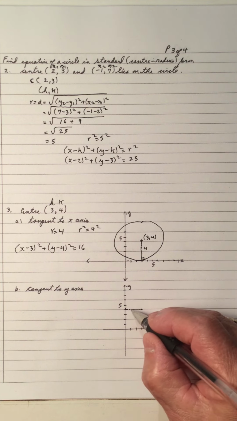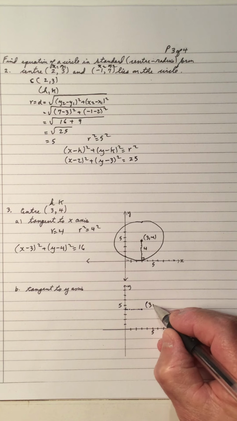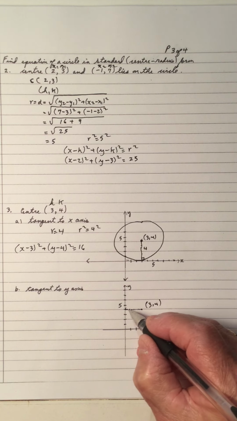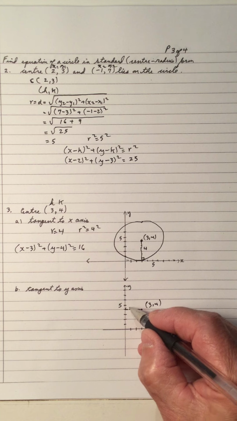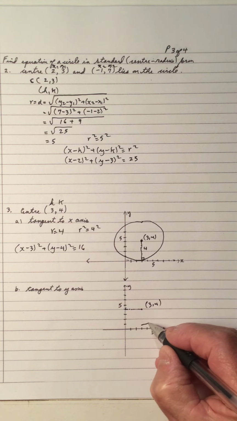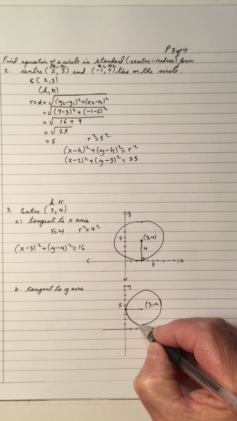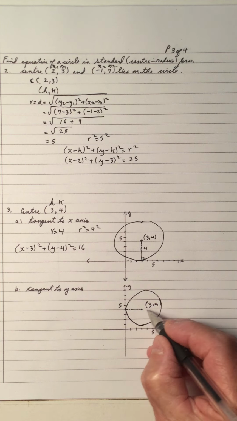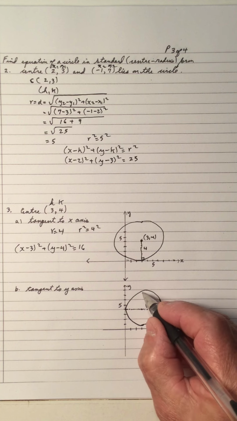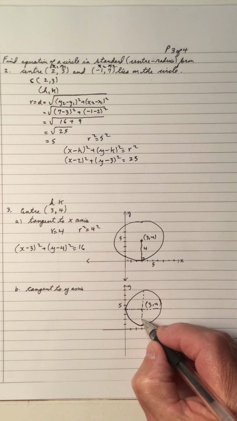So this distance here, so that's a 3, 4. So that distance is 3. So that means it'll be like this. So this distance radius is 3. That's a 3. That's a 3. And that's a 3.